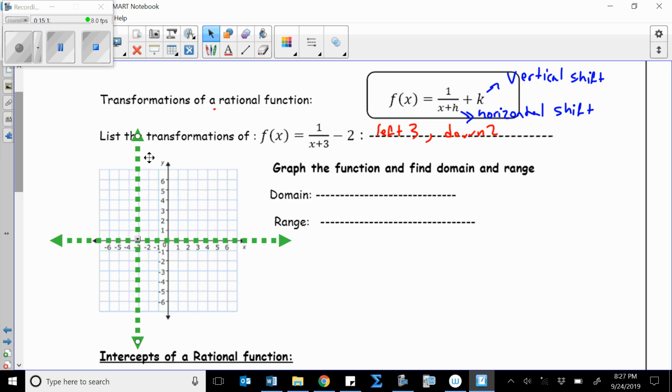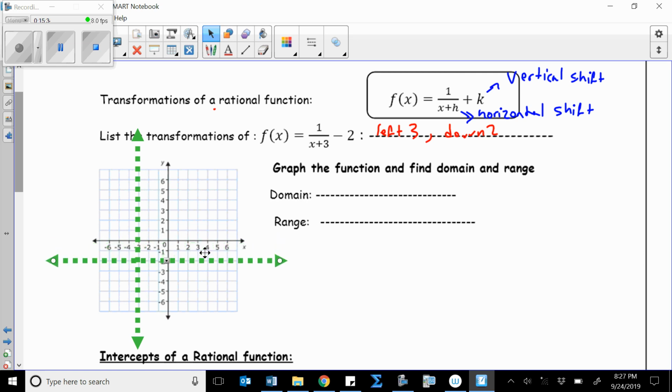So basically whatever I see is just left 3. But about the horizontal asymptote, if I move it left 3 again, we are not going to see anything because it's just moving left to right and it's just a horizontal line. But down 2 is something that I can easily see.